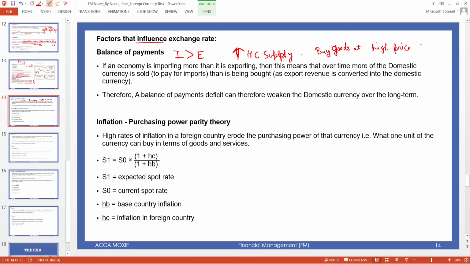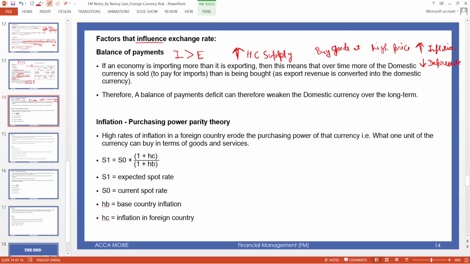So what will happen? The inflation will increase. So the higher the inflation, your currency value will depreciate. Okay, this is the explanation.